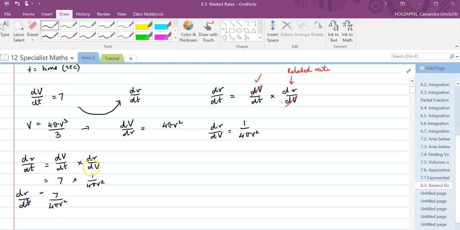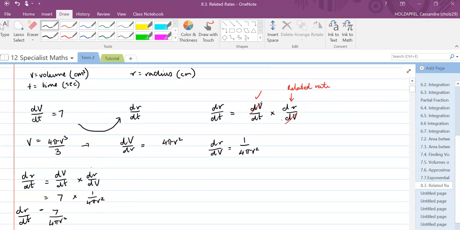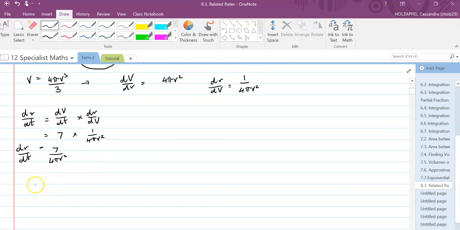The other piece of information that we are told in the question is that the radius is 4 centimeters. So we can substitute in r is equal to 4. So dr/dt is equal to 7 over 4 times pi times 4 squared. Popping this into my calculator, I get a solution of 0.35, or an exact solution of 7 over 64 pi. So that's how we use related rates.